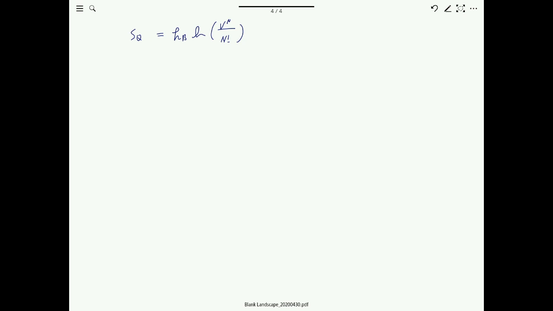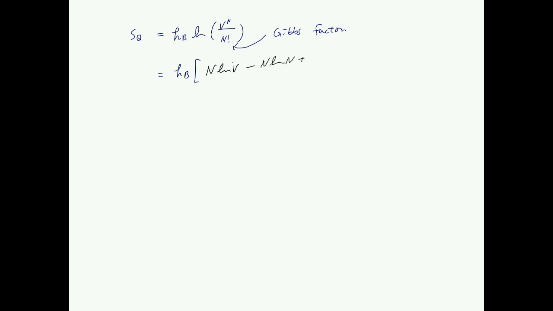But I have to introduce this Gibbs factor, especially for indistinguishable particles. To relate this to entropy, we just take the Stirling approximation, so this will be N log V minus N log N plus N.